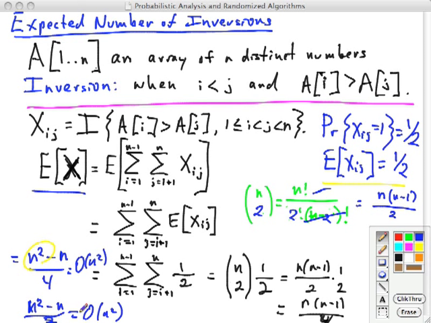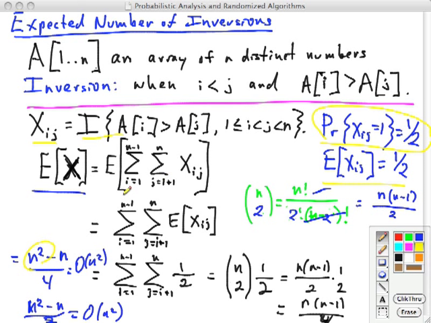So hopefully you see and appreciate how much simpler it is to do probabilistic analysis using indicator random variables and following this general strategy. When faced with a complex distribution of probabilities, we think of a way to break up the problem into pieces where we can come up with an indicator random variable that has a simple probability that we know.